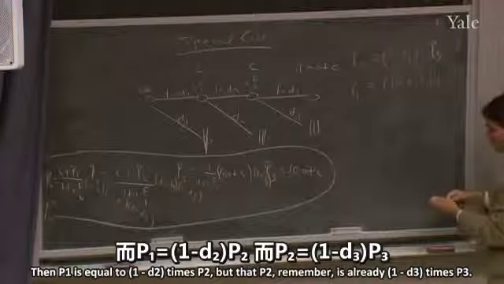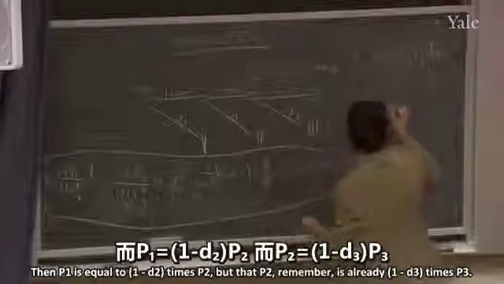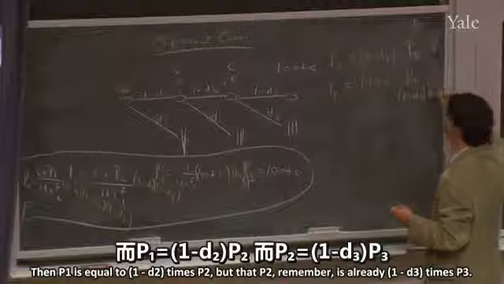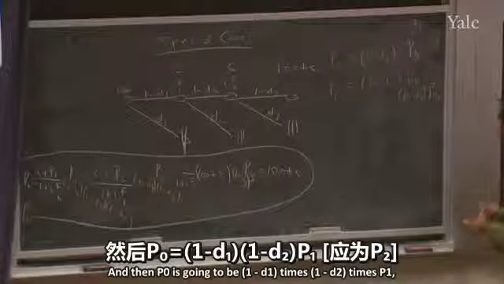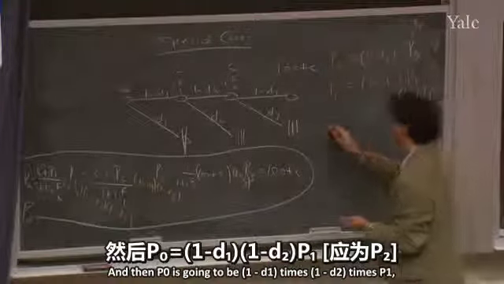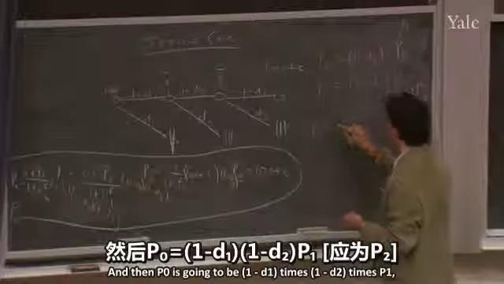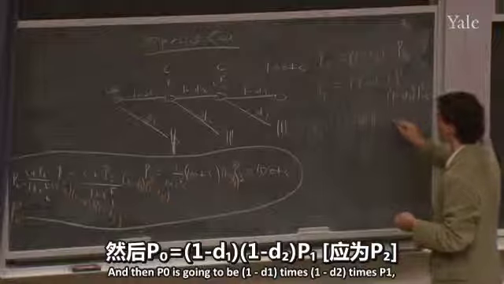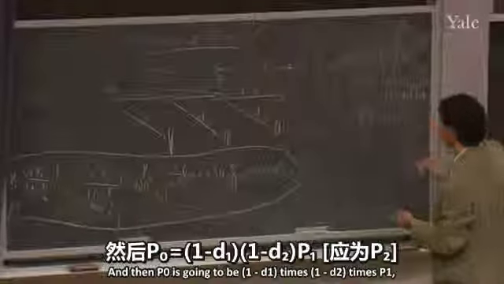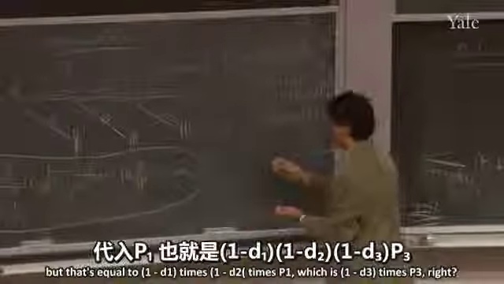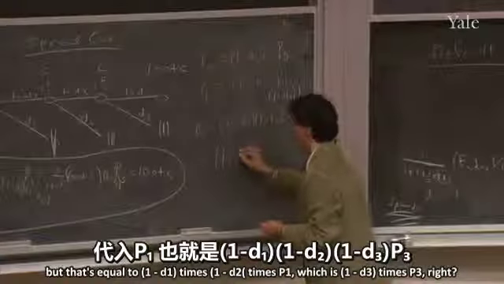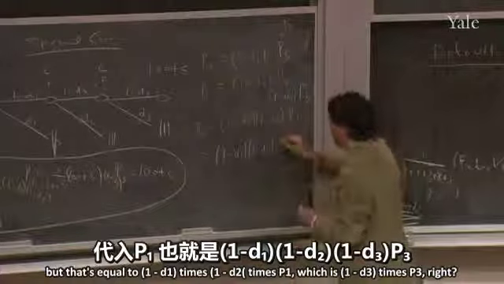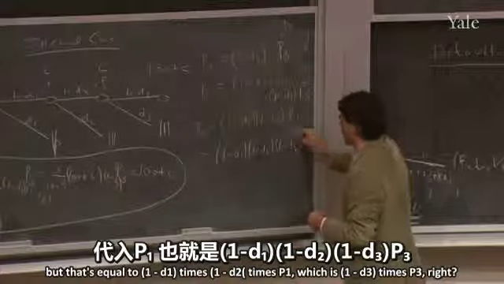But that P2, remember, is already 1 minus D3 times P3, okay? And then P0 is going to be 1 minus D1 times 1 minus D2 times P1, which is 1 minus D3 times P3.